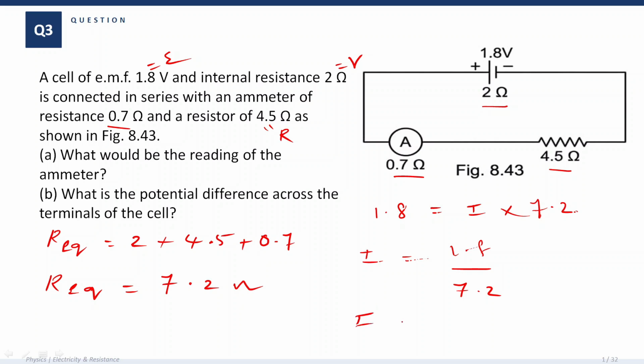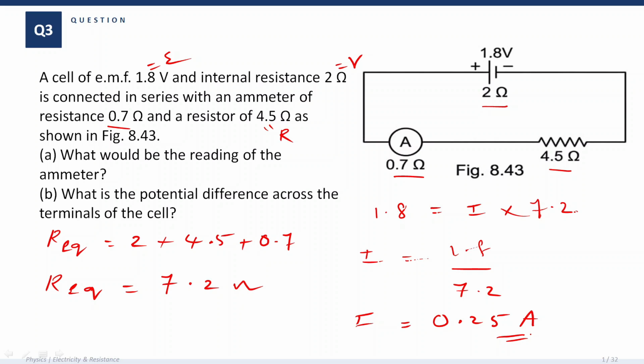Let's divide 1.8 divided by 7.2. Then you will get current 0.25 amperes. This is the current.